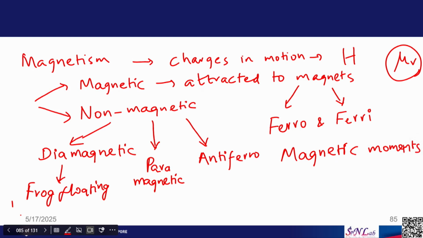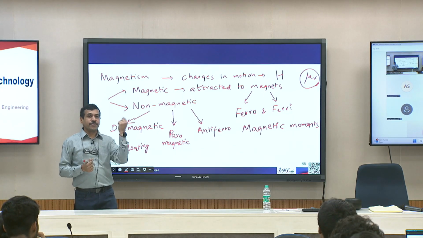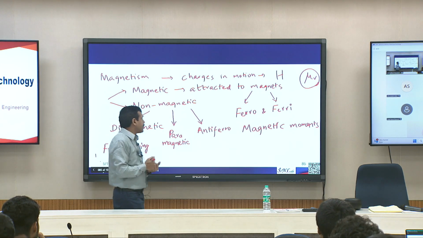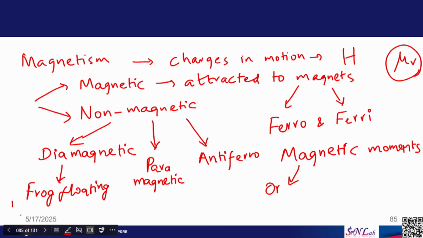So electrons as such have two magnetic moments. One is when they are going around the nucleus, they have orbital magnetic moment. And secondly, because of the inherent quantum mechanical nature, for which I cannot give you any analogy, the electrons also have a spin magnetic moment.